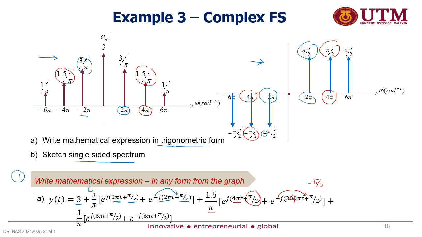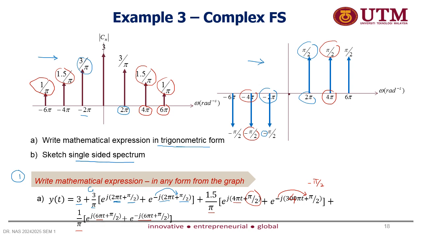Move on to the last pulse at positive 6 pi, the amplitude is 1 over pi. So positive and negative 1 over pi, the coefficient or the magnitude, and check the phase spectrum.